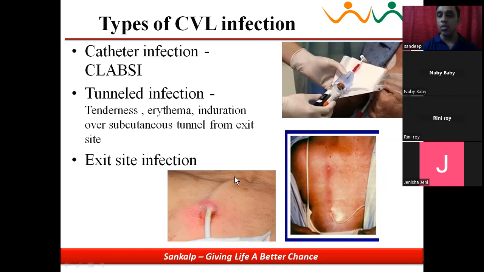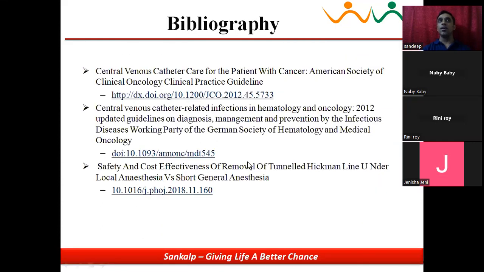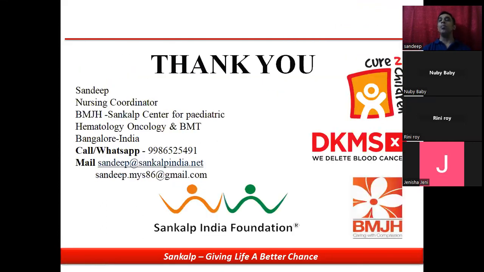So, the conclusion of my topic today: central line management is equally important as the conditioning regimen and the cell dose we are giving. If we do not maintain the central line properly, there is a high risk of the patient getting infections, and those infections will completely affect the outcome.